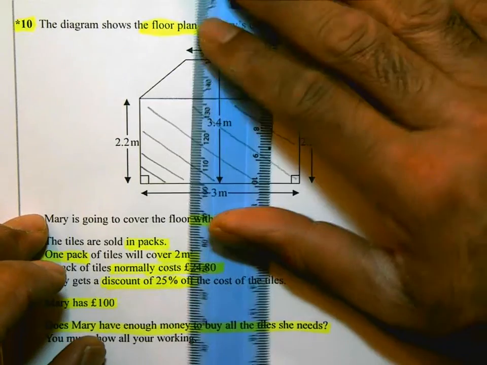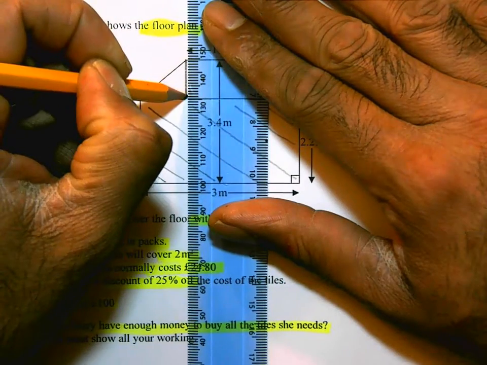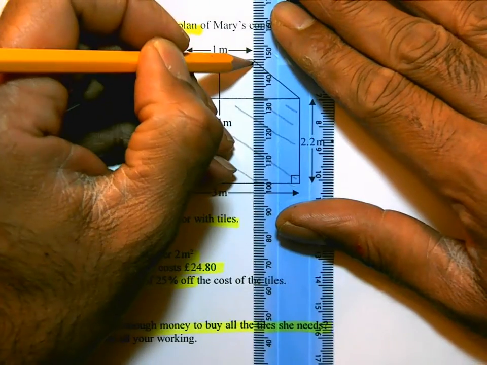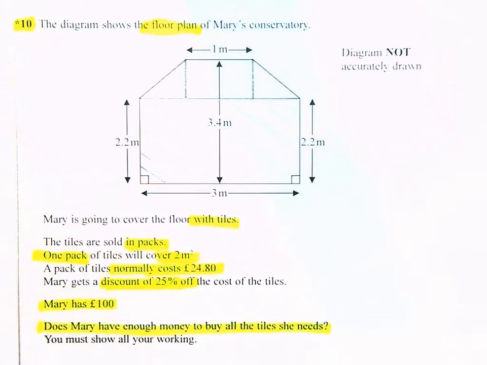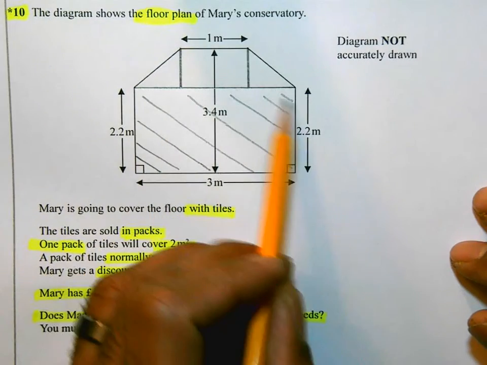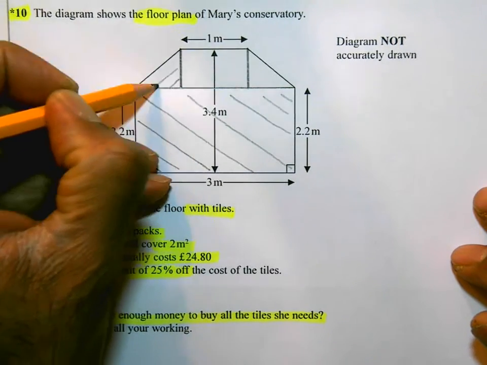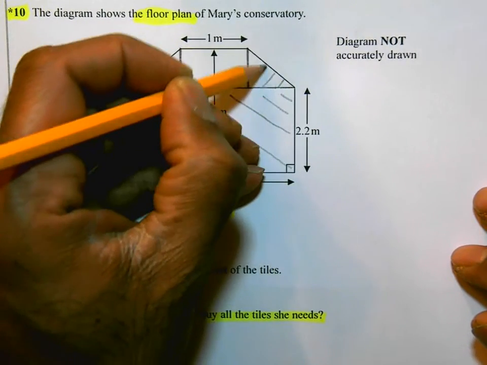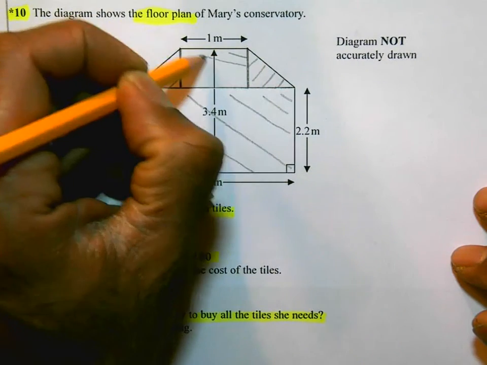And then I'm going to split the shape at the top into 2 triangles and a rectangle. I'm going to work out the area of each of those 4 shapes. So I'm going to work out the area of this rectangle, this triangle here, and this rectangle here.